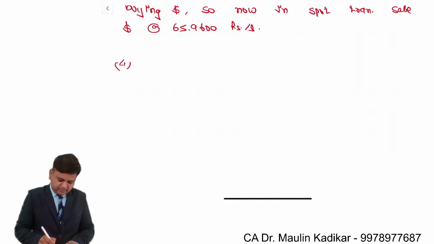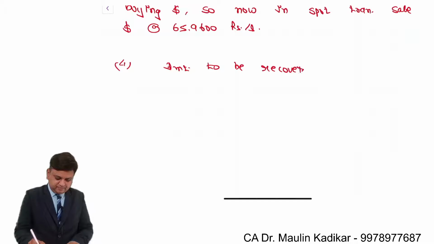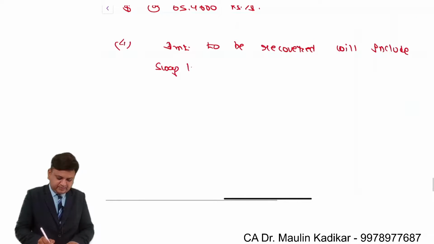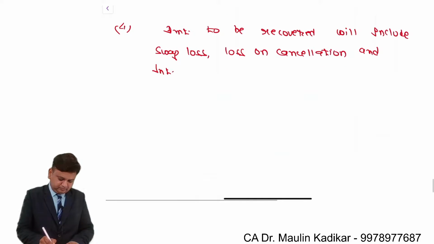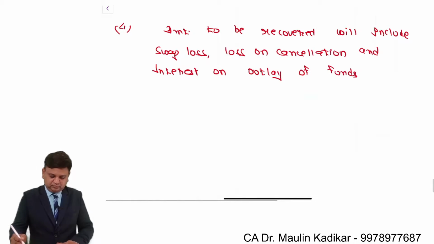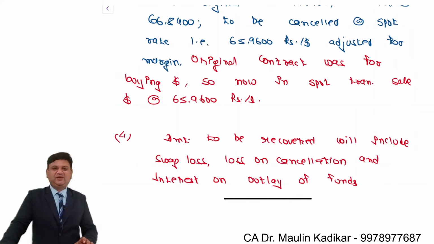The amount to be recovered will include swap loss, loss on cancellation and interest on outlay of funds. Full stop. This is the way we have to write the answer.